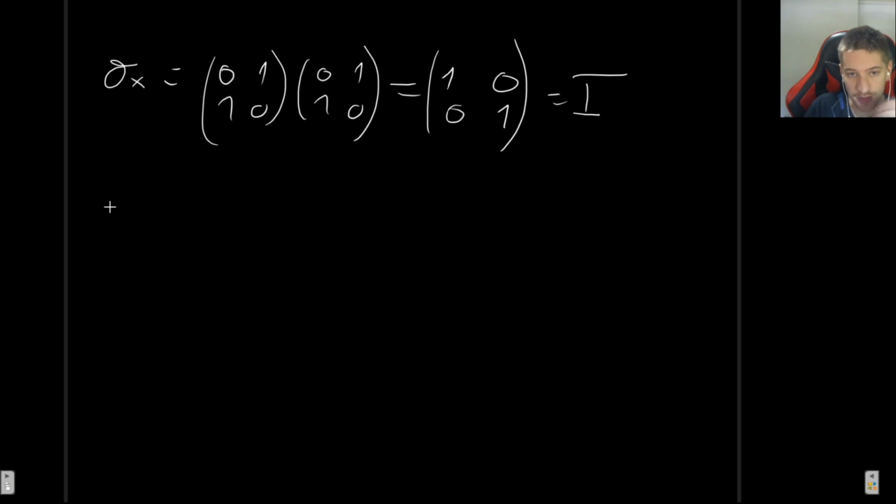There are many other interesting quantities that we can calculate regarding these matrices. For example, their anti-commutator is quite interesting. Remember, the commutator is one times the other minus the other times the first one, and the anti-commutator is the same but with a plus sign.